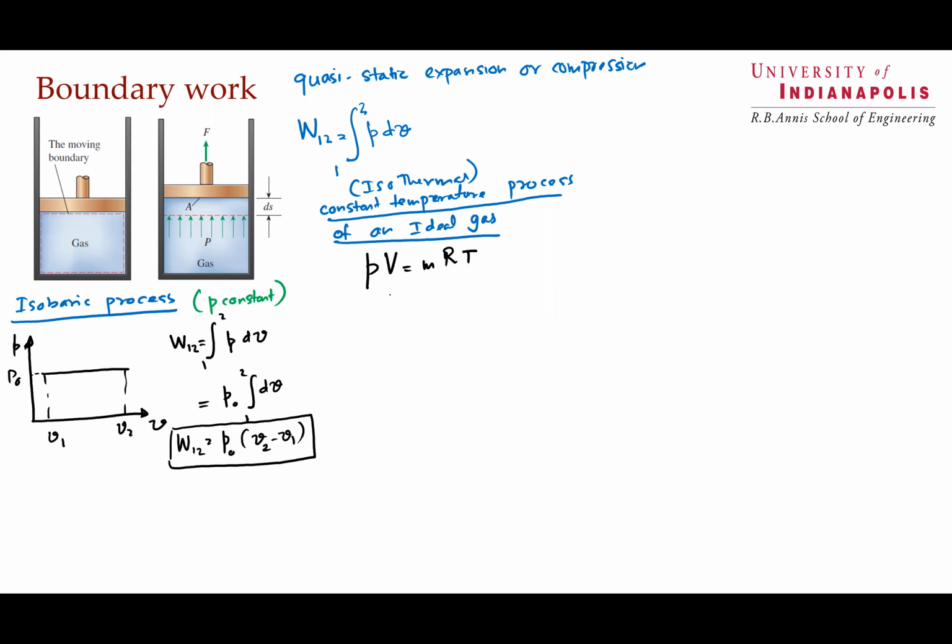And we also know that specific volume, simple v or small v, is equal to V over m, total volume divided by mass. So we can do the same here, and then we can write Pv equals RT.